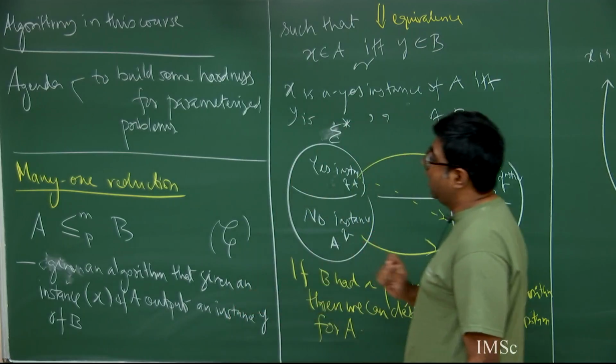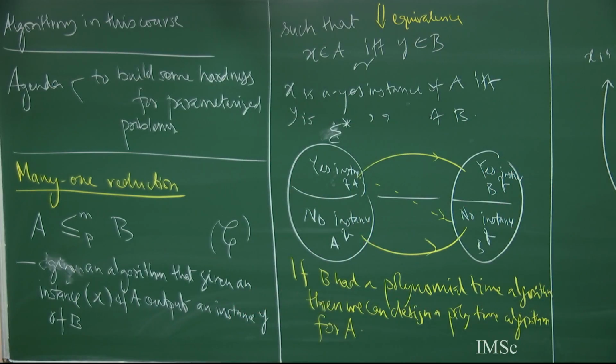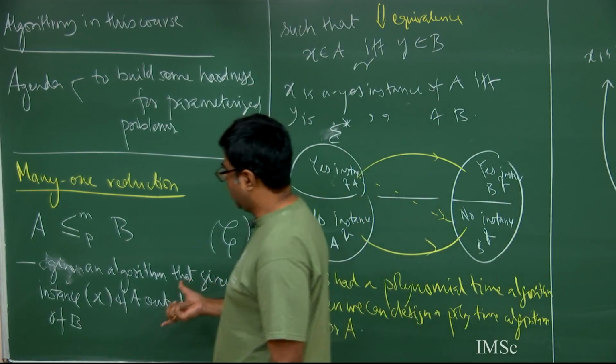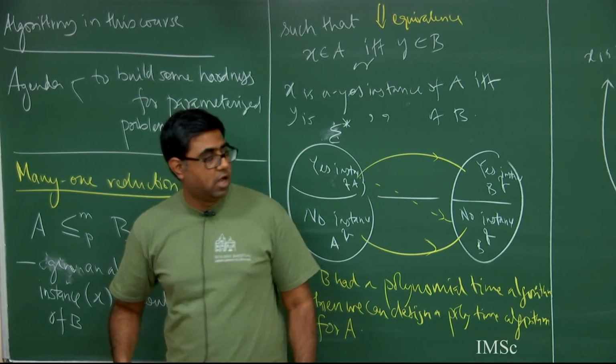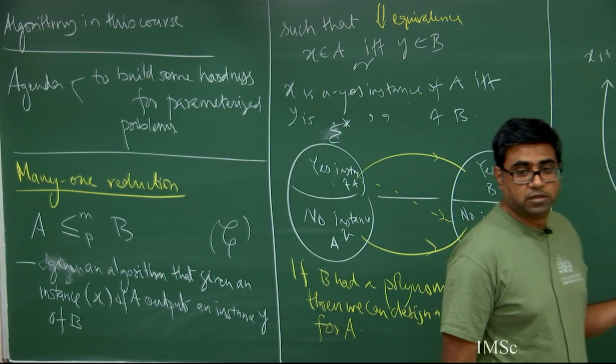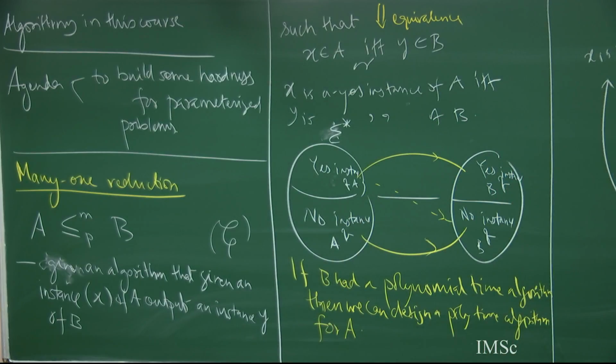Now I would like to have an analogous notion of reduction for problems to show that a problem is not fixed parameter tractable. There are two things to understand: how much time I am allowed to take, and how the instances can be modified. These are the two things we have to take care of.